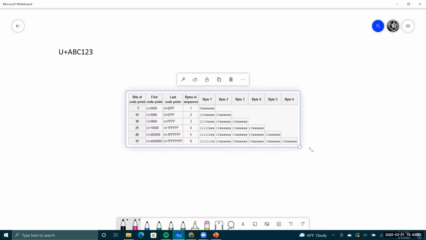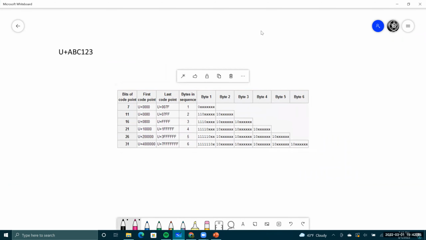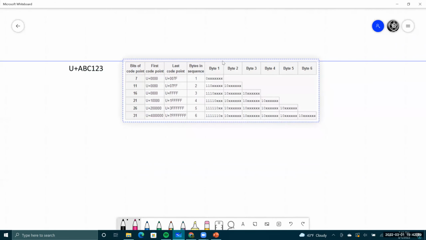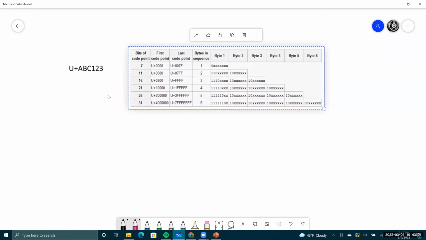Okay, so let's work on this exercise. Given this hex value, I want you to encode this character into UTF-8. All right, so I'll give you a few minutes.